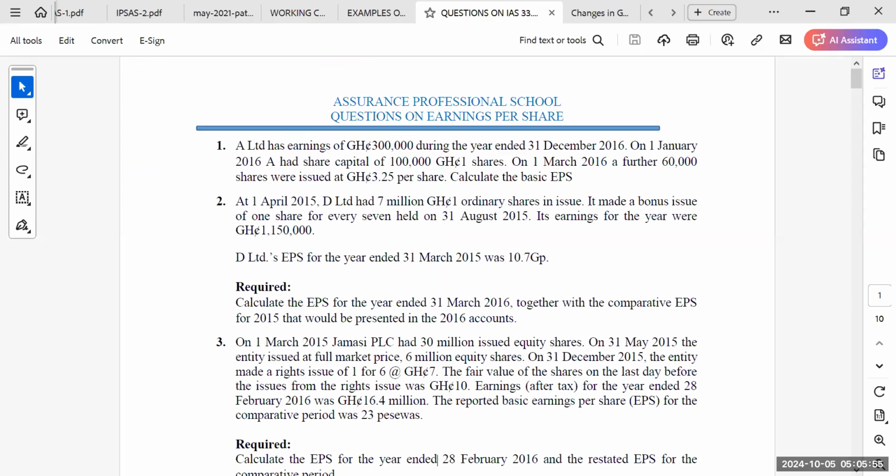So we have to determine our basic earnings per share now.